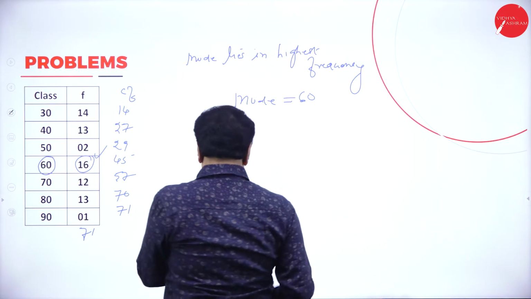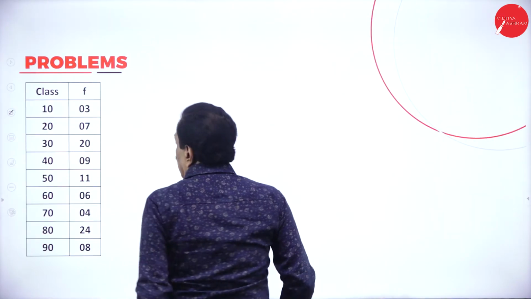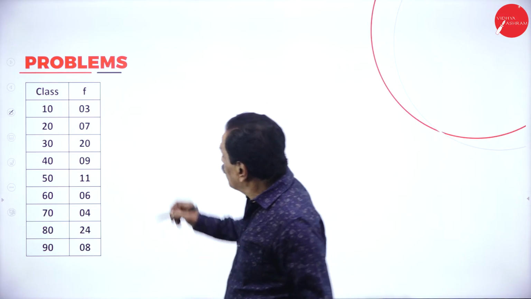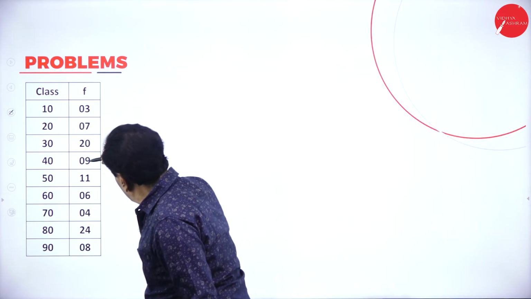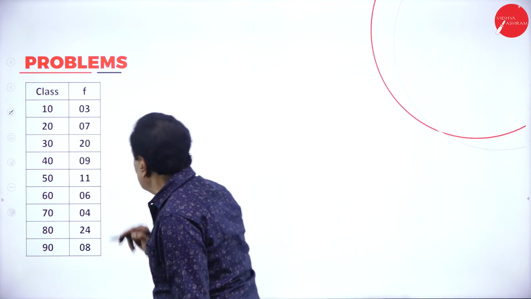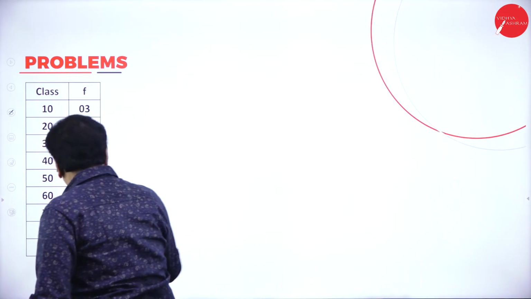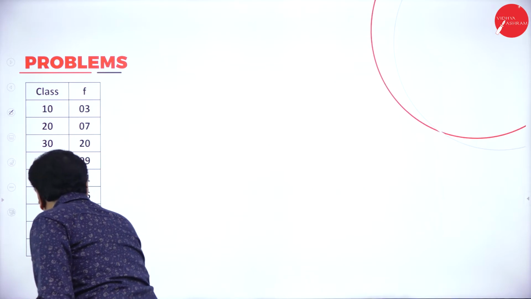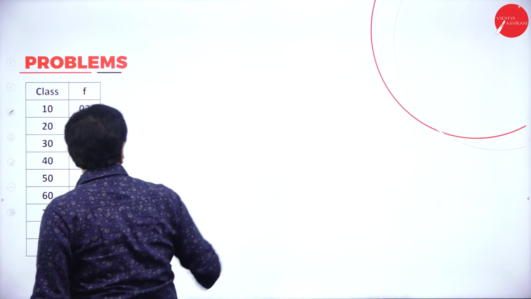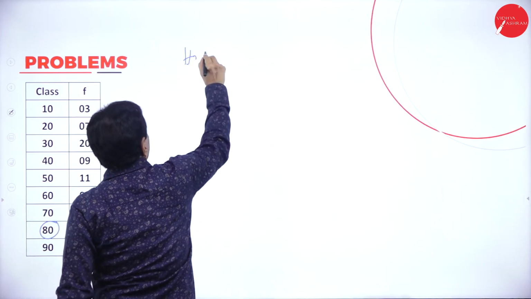We'll go to the next one. If you see this board, your frequencies are 0, 7, 29, 11, 6, 4, 24. Which is the highest frequency? Your highest frequency is 24. The constant value is 80.